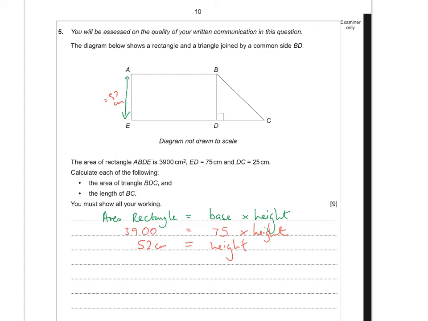It says, work out the length of BC. Now BC is the diagonal by here. If that's the diagonal, I know its base and I know its height. Its height is also the 52. So I'm thinking, to work that out, I've got a right angle triangle, 2 sides, I want to know a third side. That is telling me to use Pythagoras' theorem. Okay, so 2 known sides and find an unknown side.